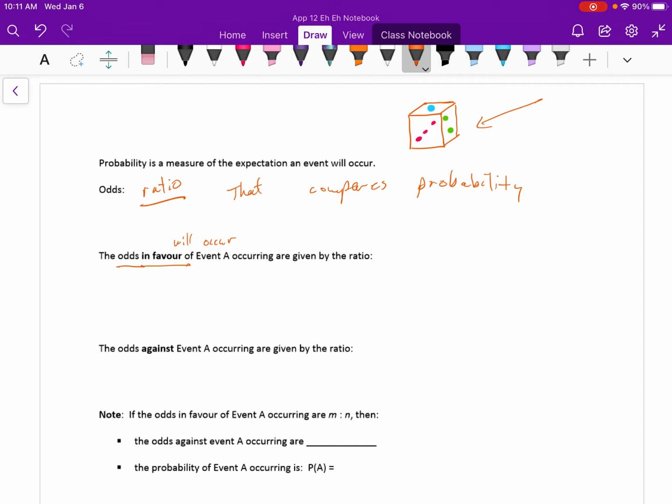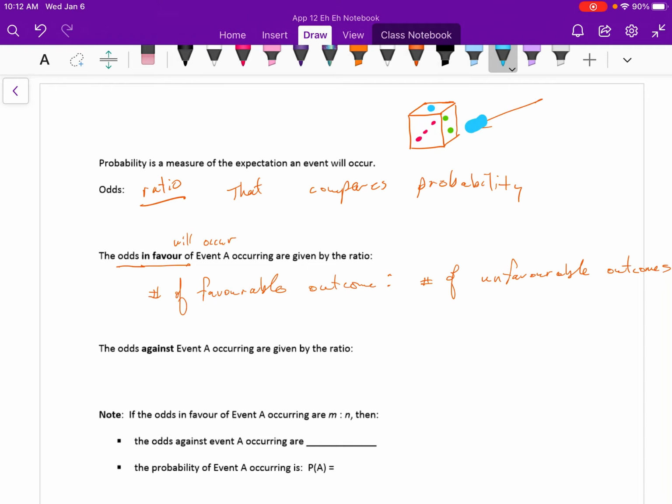How we express that is we identify the number of favorable outcomes to the number of unfavorable outcomes. So that's the odds in favor of event A occurring.